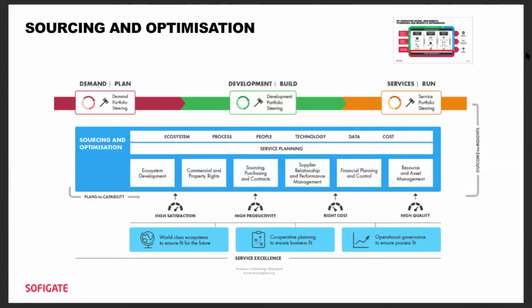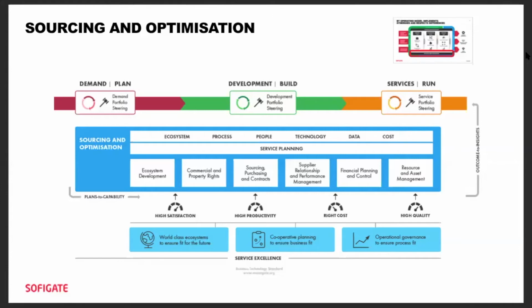So in order to do this, there are a number of different things we need to consider, and I'm going to point out a couple of them. We always need to keep track of the commercial and property rights. I mean, what are we buying and what are we only acquiring a right to use? That is really, really important now in this digitalization world that we are entering.